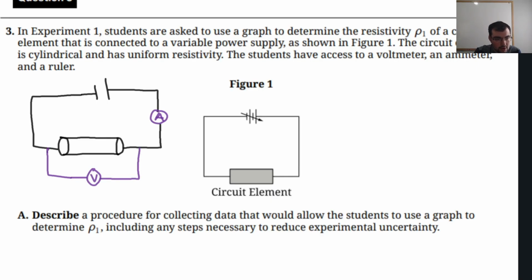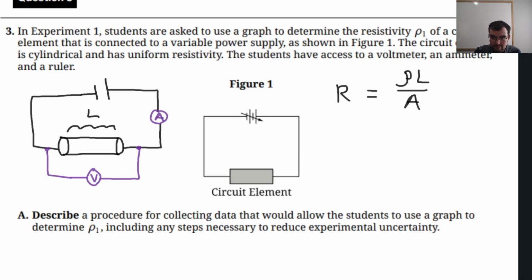And then use that along with its geometry to calculate its resistivity. So we're going to wire the ammeter in series, voltmeter in parallel. We also need to find the area and length of this object, which we're given a ruler for, because we know that resistance is equal to resistivity times length divided by area. So this means that our experiment to find resistivity must find resistance and whatever L and A are.